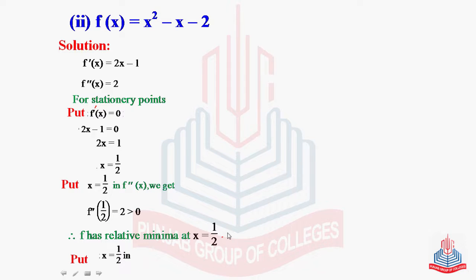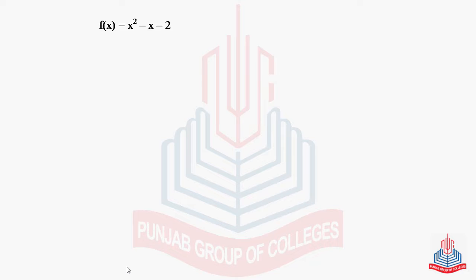F has relative minima. Now we will find that minimum value, and to find this minimum value, put x is equal to 1 by 2 in our given function f of x, x square minus x minus 2, and f of 1 by 2 will become, by simplifying this value, minus 9 by 4.